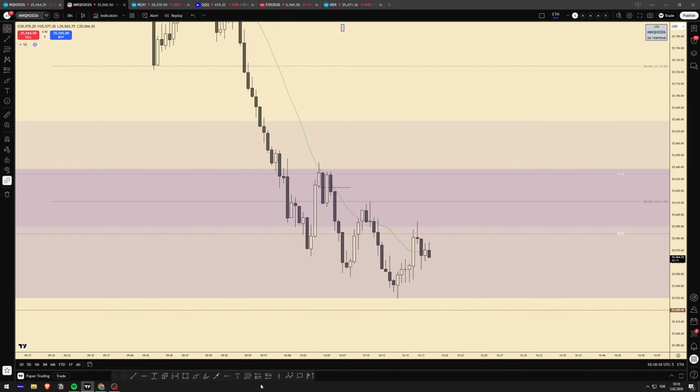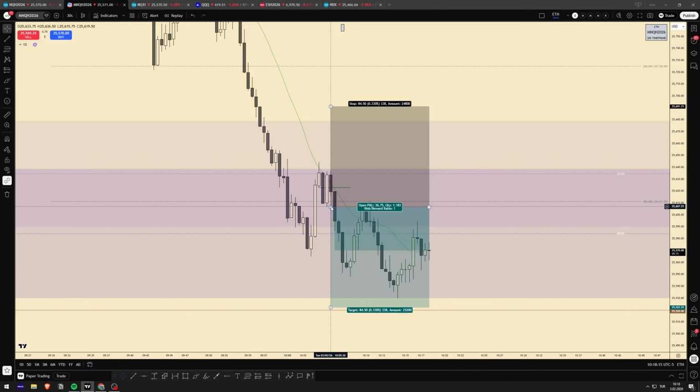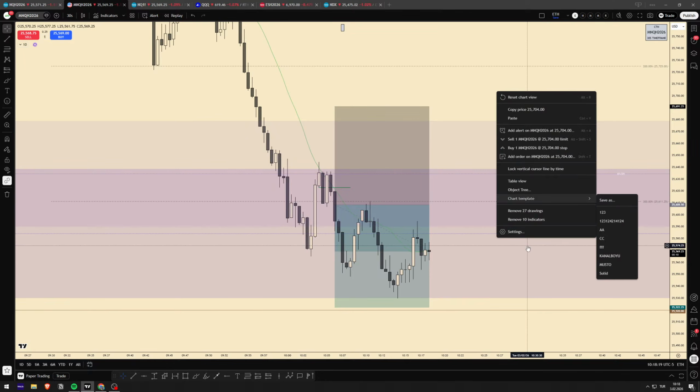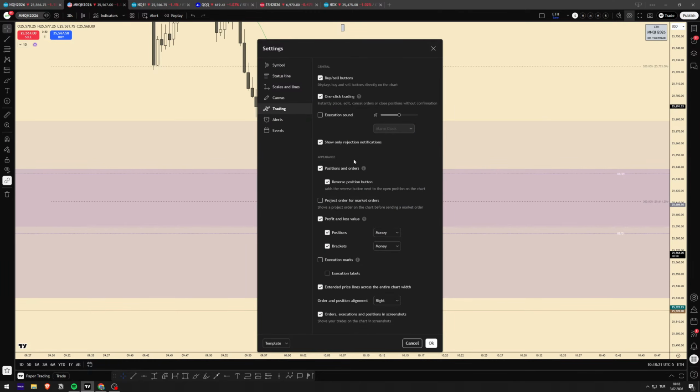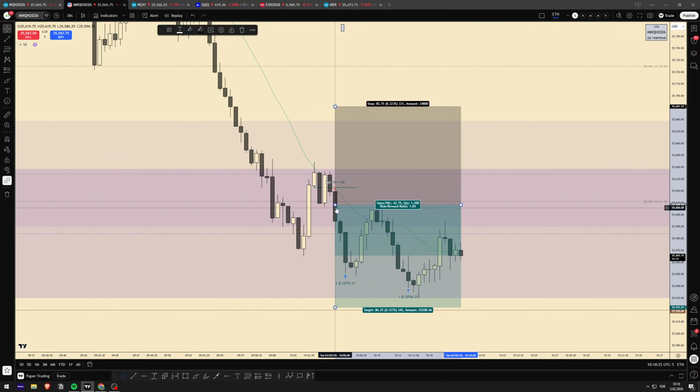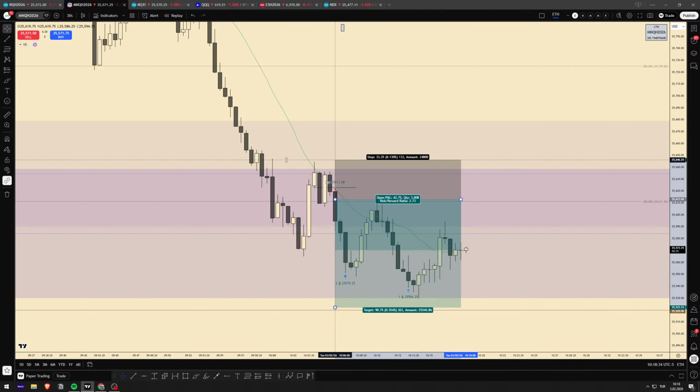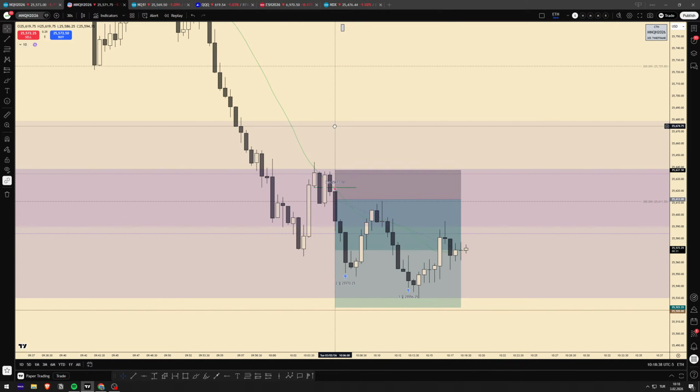But since TradingView is a little bit buggy, I guess. 13. It wasn't that bad. Top was like that. Might be like that too, because it already did a double top.